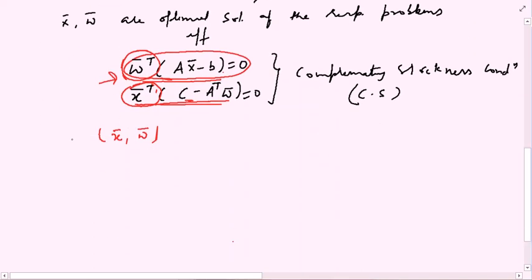So we rewrite these conditions in the following form.